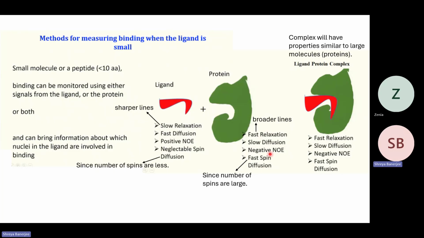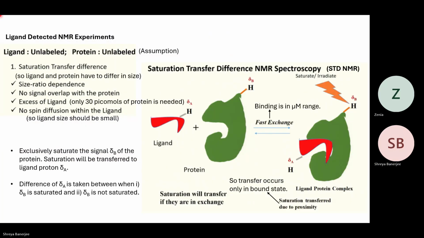And so all these properties that we discussed in the protein will also be present for the ligand protein complex. Now, there are certain experiments which are called ligand detected NMR experiments. One such experiment which we will study is called the saturation transfer difference.